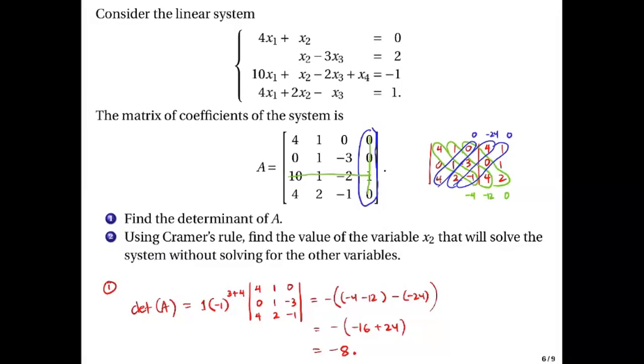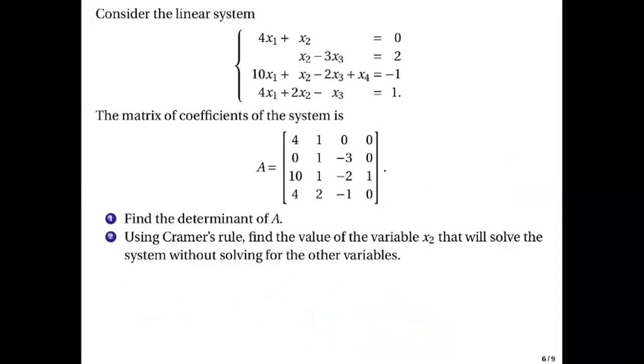So this is what we will have: A2 is equal to the matrix, per column, 4, 0, 10, 4.